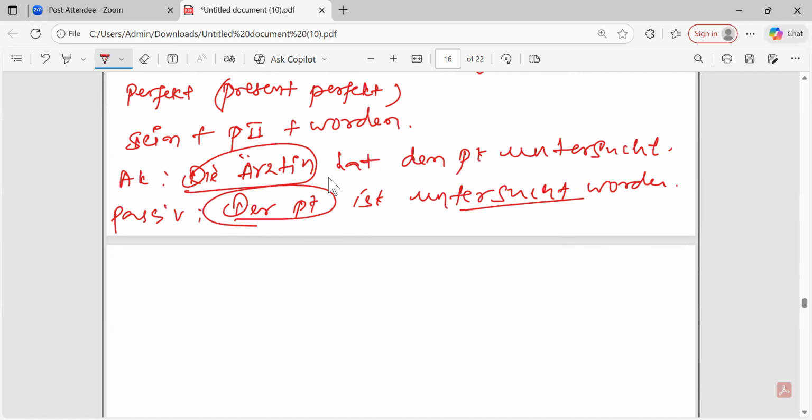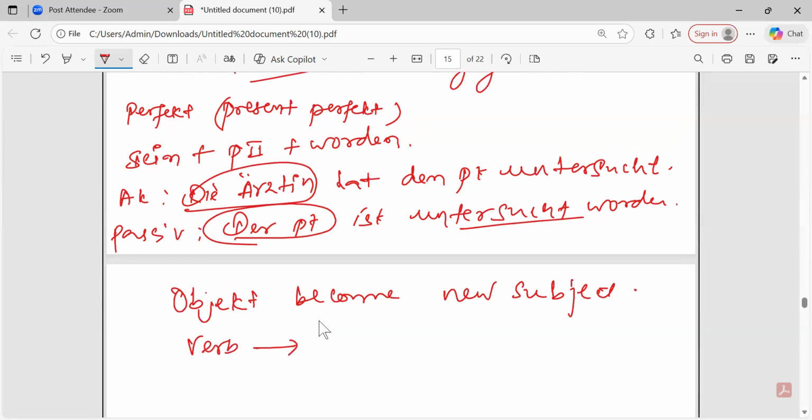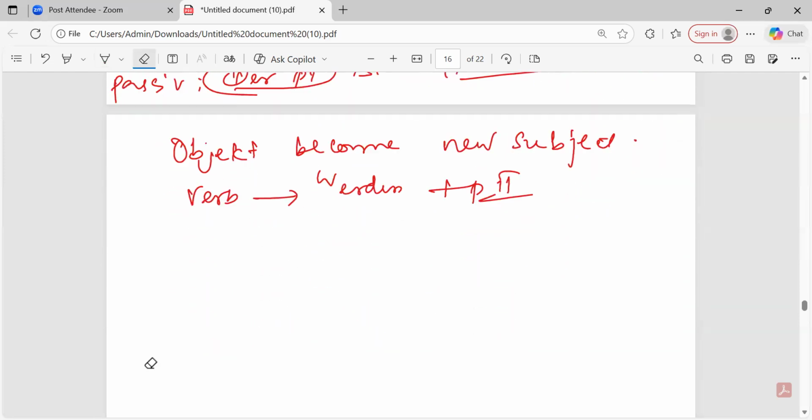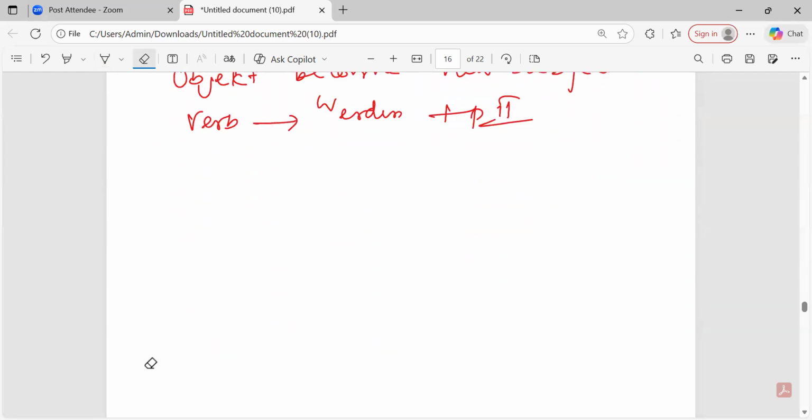So how to convert active to passive? First, the object becomes the new subject. Second, the verb will change: werden plus participle. Third, the subject goes after von plus optional.